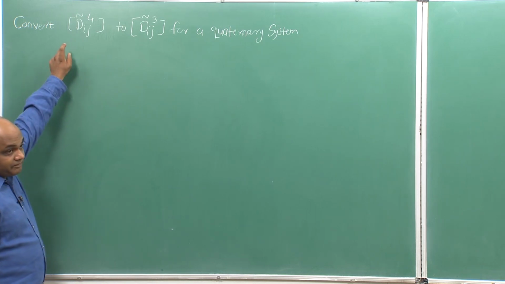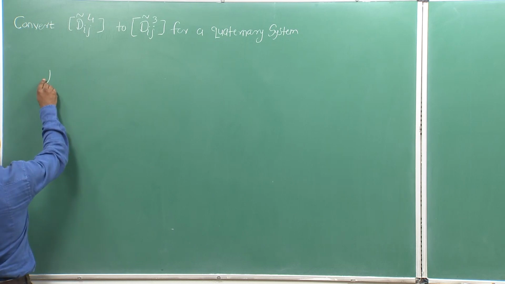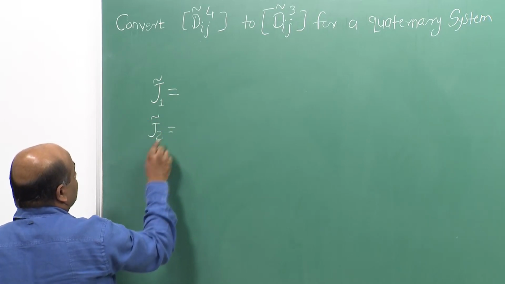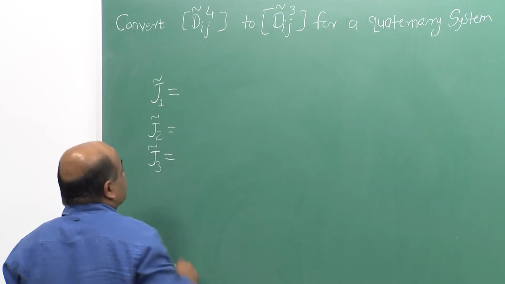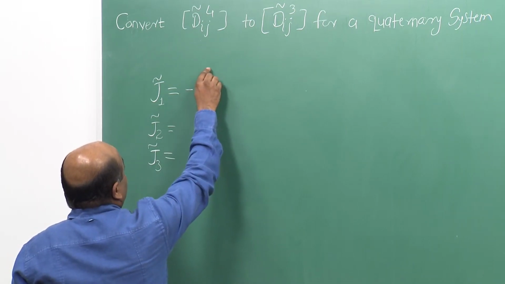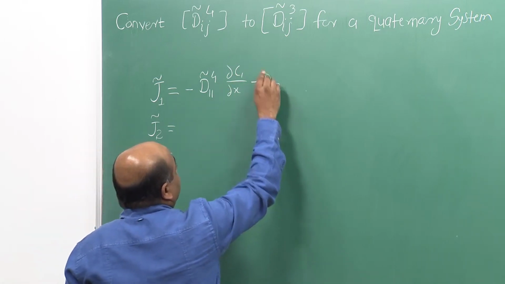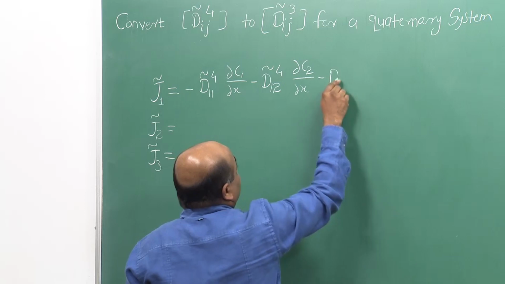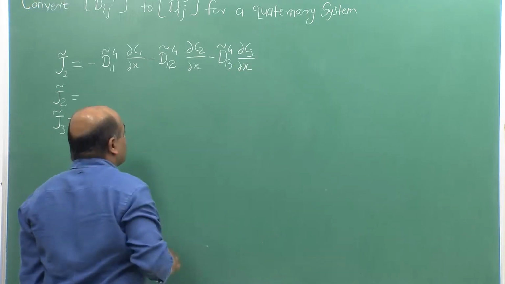So, if we start with component 4 as the dependent component, we have 3 independent interdiffusion fluxes J1 tilde, J2 tilde and J3 tilde, and those can be expressed in terms of 9 interdiffusion coefficients as J1 tilde equal to minus D11 tilde 4 ∂c1/∂x minus D12 tilde 4 ∂c2/∂x minus D13 tilde 4 ∂c3/∂x.